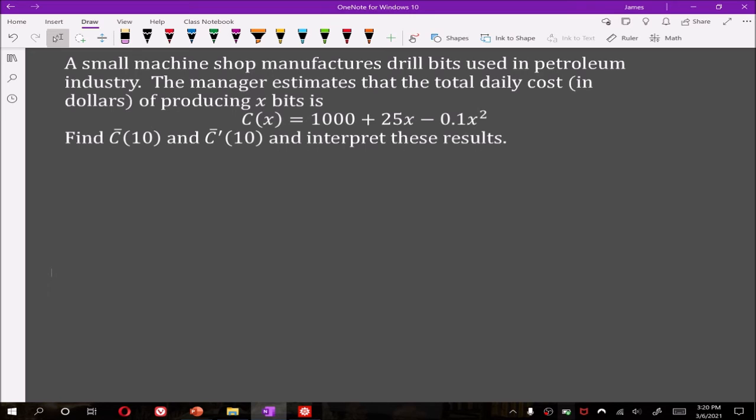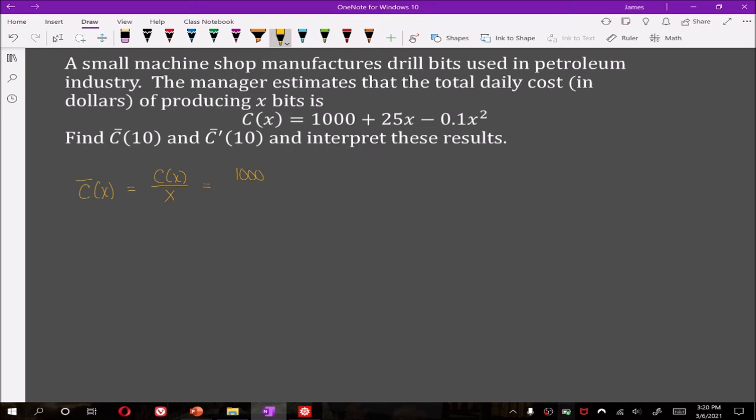All right. C bar of 10. So first, C bar of X, remember, is C of X over X, and it represents average cost.